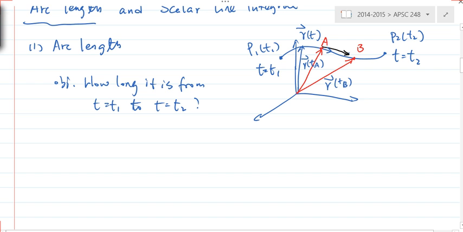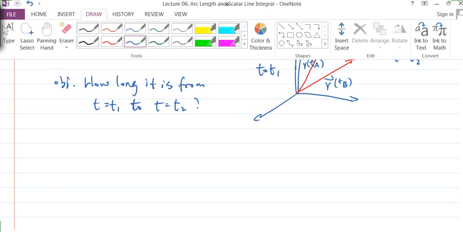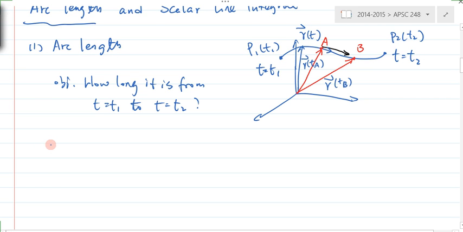So basically, if I use S for arc length between A and B, it's approximately the vector AB. For the arc length AB, I'll say it's delta S. It's a small arc length.